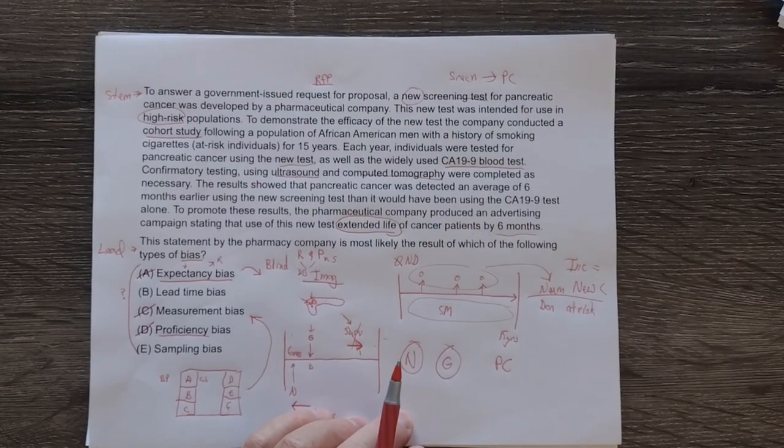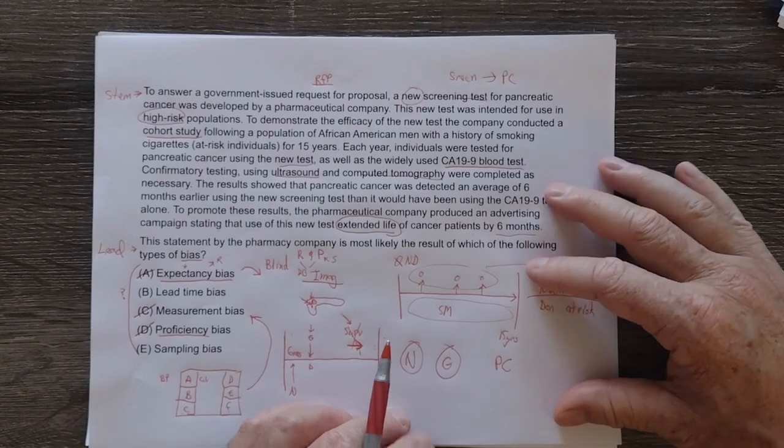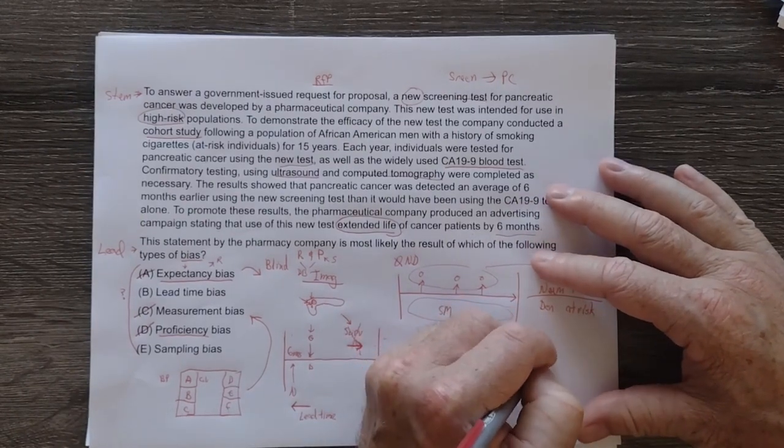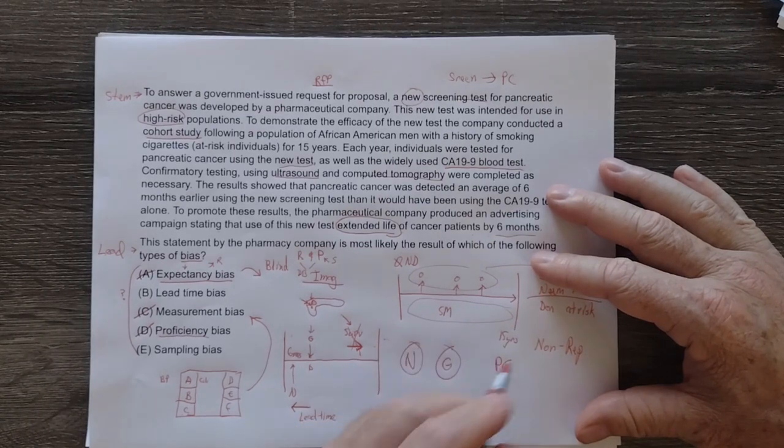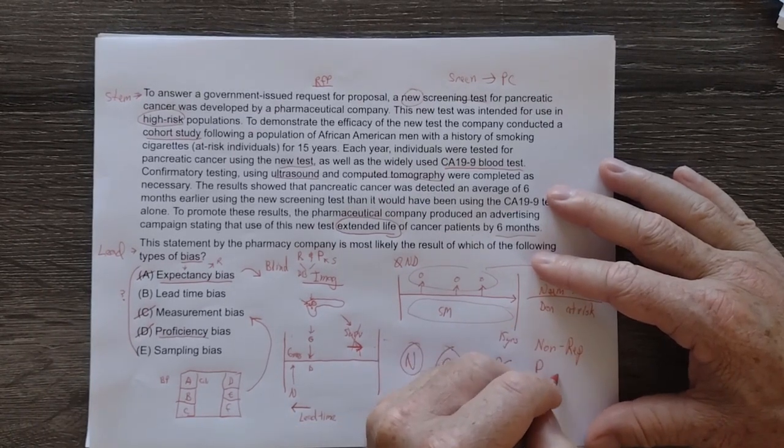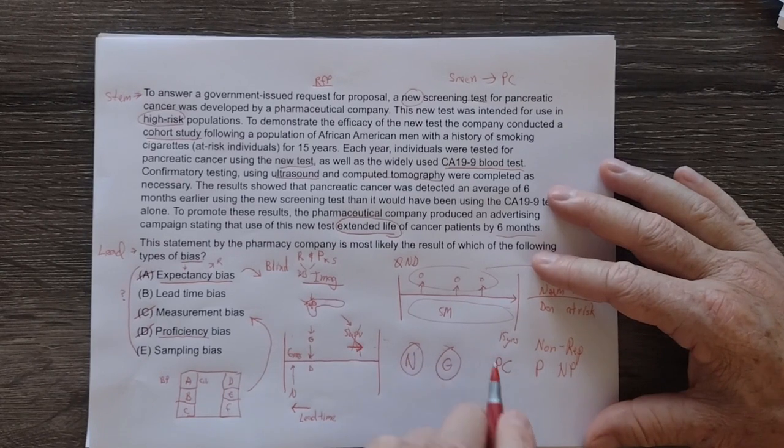And then finally, what about sampling bias? So sampling bias is when we are talking about having a non-representative sample. And we talked about this before when we were talking about probabilistic versus non-probabilistic, right?